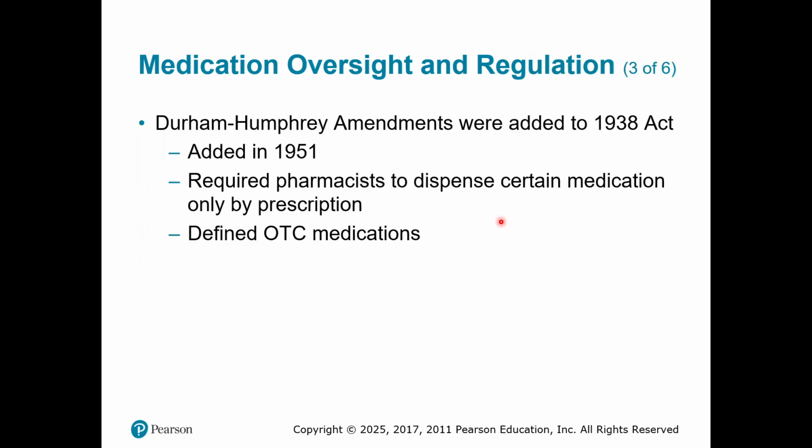And they would say, yeah, we got some mixed up, right? And we'll sell it to you. And it wasn't sold by like over the counter. It wasn't like it didn't have a label. It didn't have anything. The pharmacist mixed it up. Well, they stopped that. They can only dispense certain medications and only by prescription. And also it defined that over-the-counter medications.